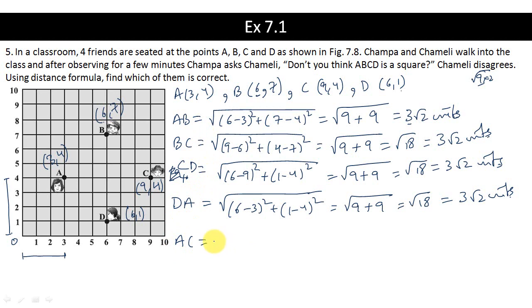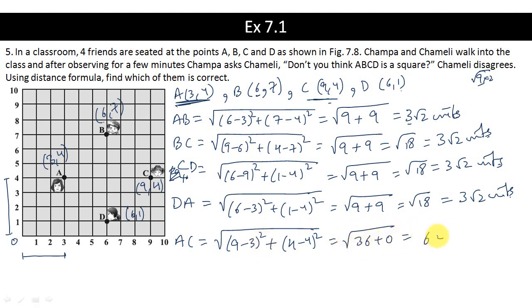Finding the length of the diagonal AC, points A and C, applying the distance formula, under root of 9 minus 3 square plus y2 minus y1, which is 4 minus 4 square. 9 minus 3 is 6, 6 square is 36, plus 0. So it will be 6 units.